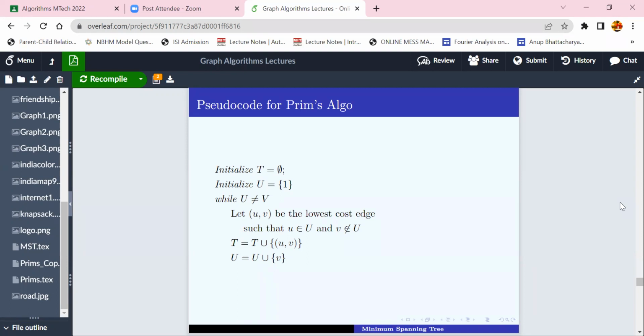Because we are traversing every edge and every vertex whenever needed. Ma'am, one thing here: you initialized U equal to 1, right? What do you mean by 1?